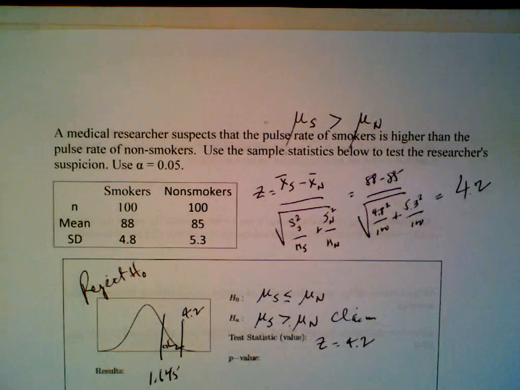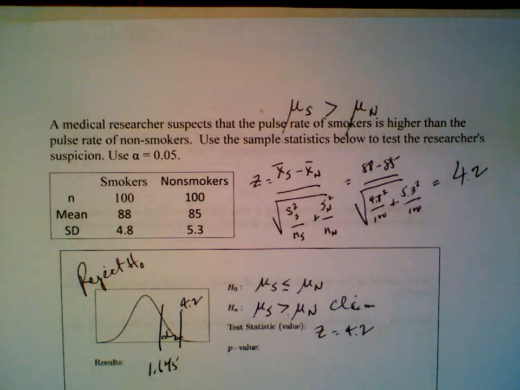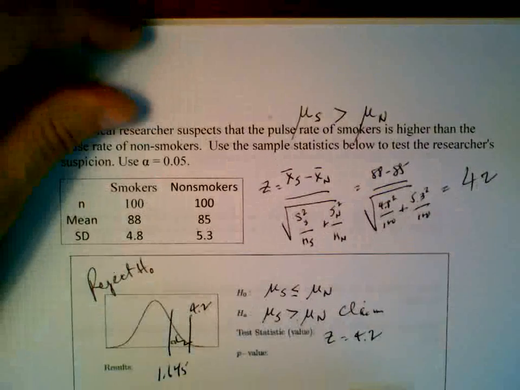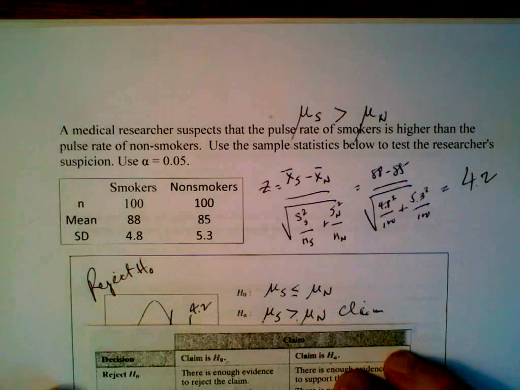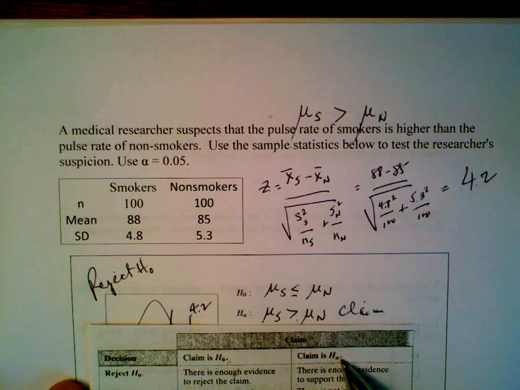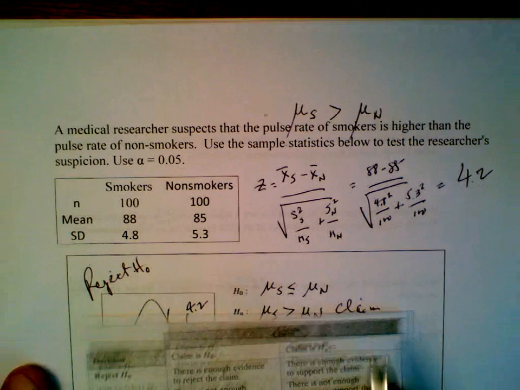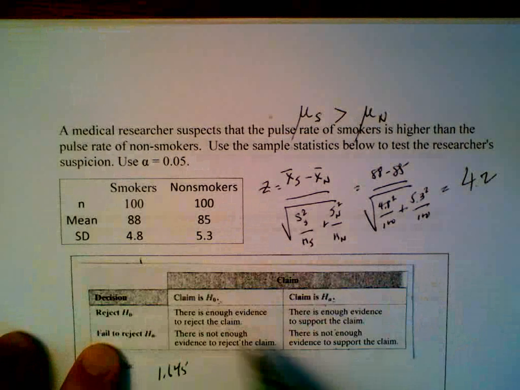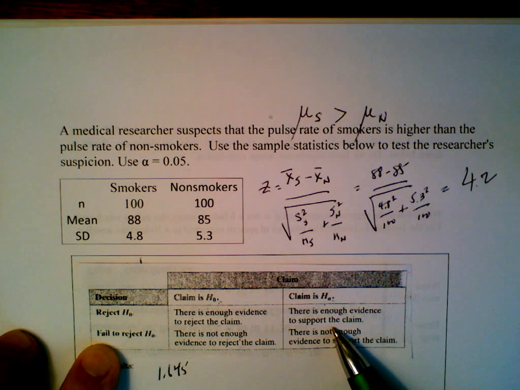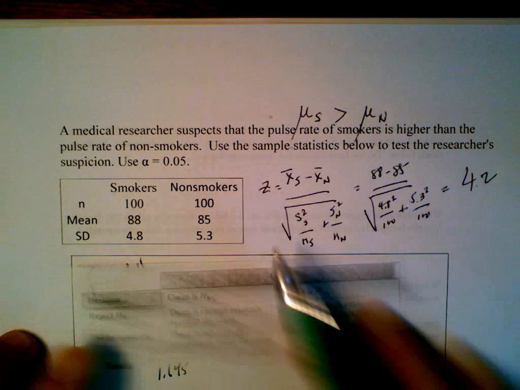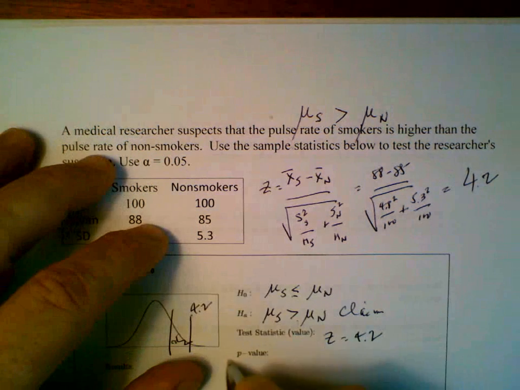Okay. How do we write the answer to our test? Well, we use our helper. Our helper says, first of all, we notice the claim is H sub A, and we rejected H sub 0. Therefore, there is enough evidence to support the claim. So we're going to write that here.